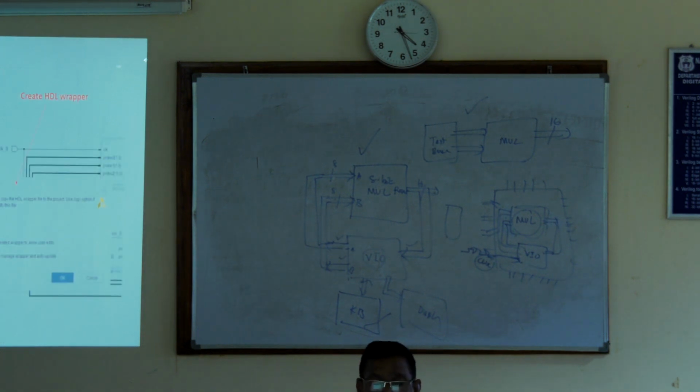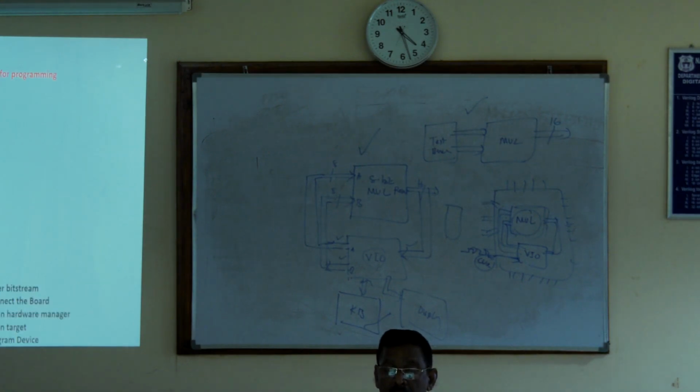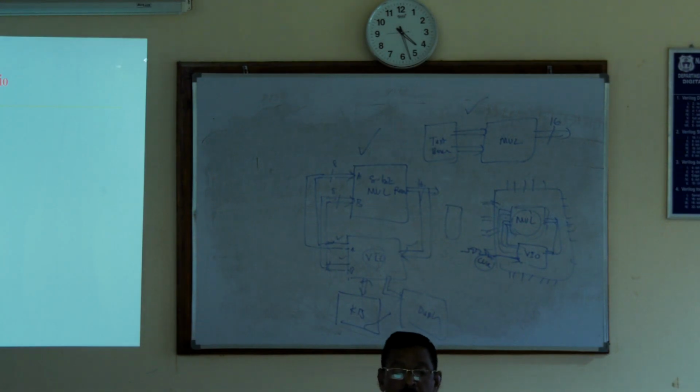So the next is validation. After creating this validation on the block diagram, then create the HDL wrapper file. After creating the wrapper file, you are assigning radix values to VIO.